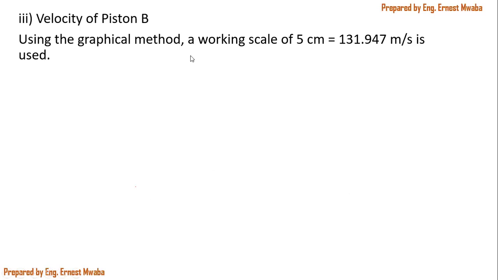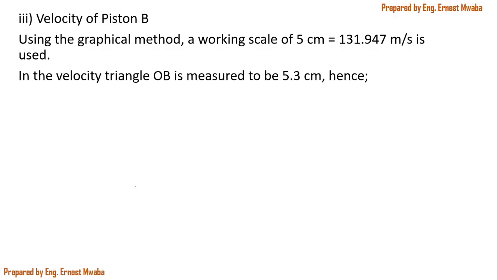In my case, the scale I used was 5 centimeters representing 131.947 meters per second. We're converting into a velocity diagram where you put together those perpendicular lines and the sliding motion of the crank.